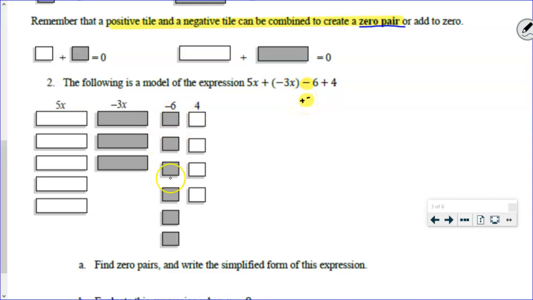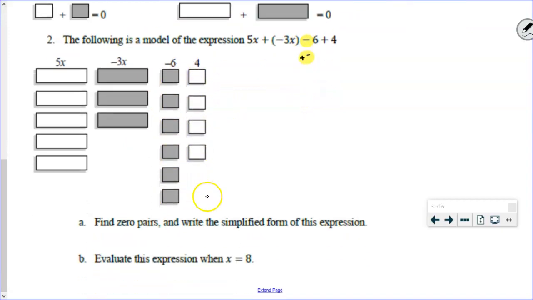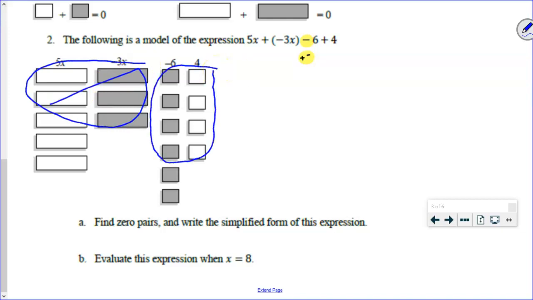So we're representing that with 6 negative unit tiles and 4 positive unit tiles. Their first step, find the zero pairs and write the simplified form of this expression. Here's some zero pairs. Here's some more zero pairs. Once we have found those zero pairs, what is this really? We have 1, 2 positive x tiles and 1, 2 negative unit tiles. So 2x minus 2.